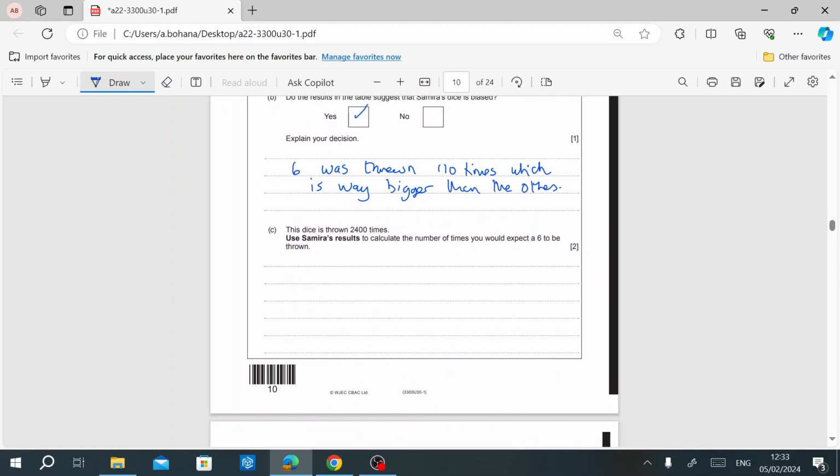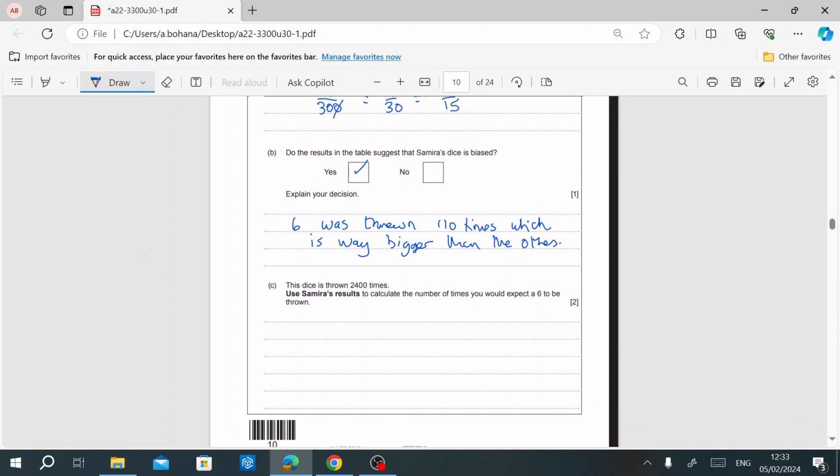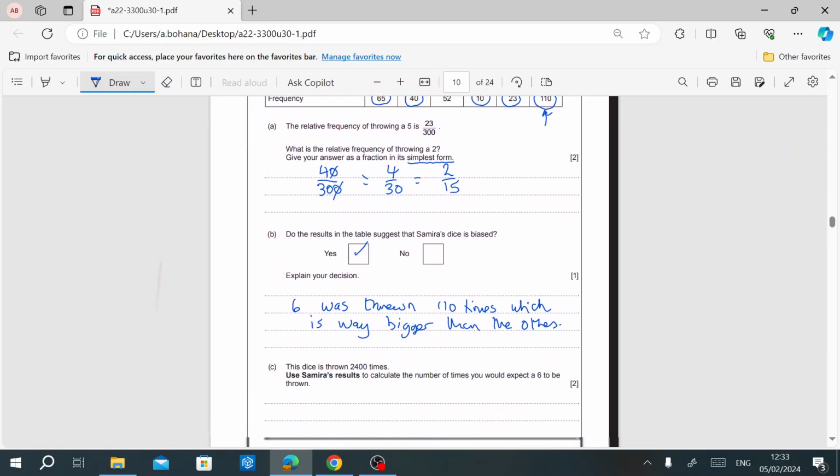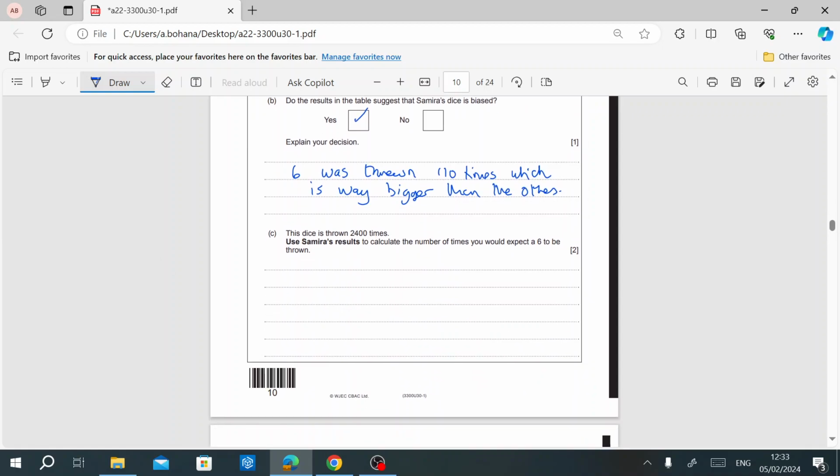The dice is thrown 2,400 times. Use similar results to calculate the number of times you expect a 6. So a 6 was 110. So 110 divided by 300 times.